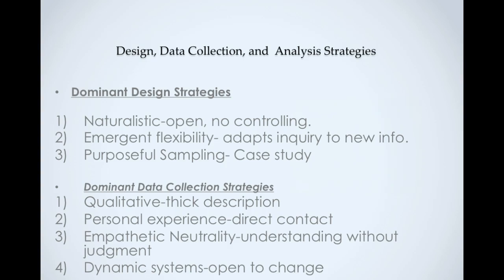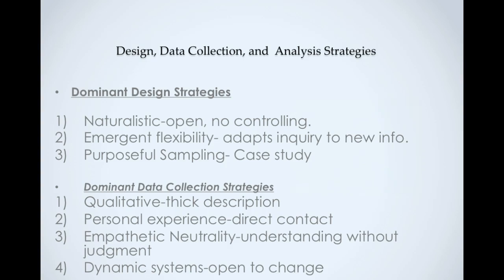Very typical. Emergent flexibility adapts to new information as it comes up and changes the investigation. So for instance, you might be doing interviews and then find out that some new topic arose through talking to people, and so you decide you're going to include that in as a factor.